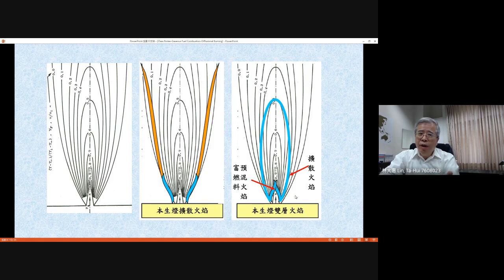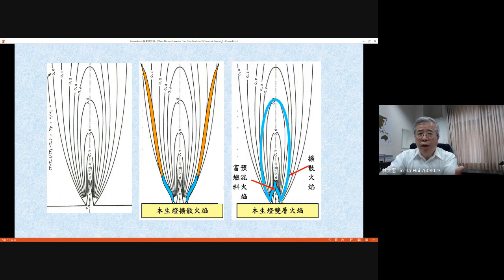Okay, but for the jet flame, surprisingly, you can have a rich premixed flame at 18% and 20%. Why? When you have 18% and 20%, and you burn this rich premixed flame in the outer air environment, you will have an additional secondary flame. The diffusion flame exists downstream of the premixed flame. And this diffusion flame will support it, because it releases heat. That heat will support this rich premixed flame.